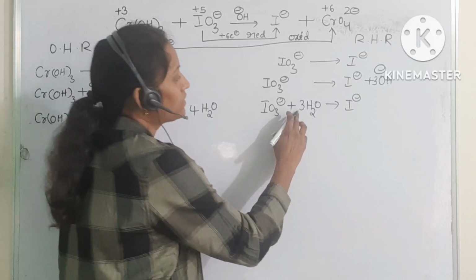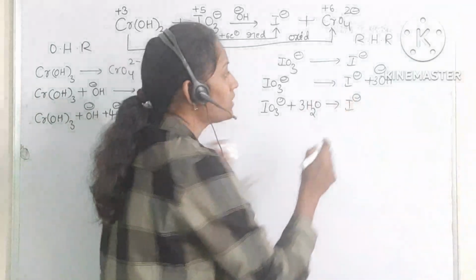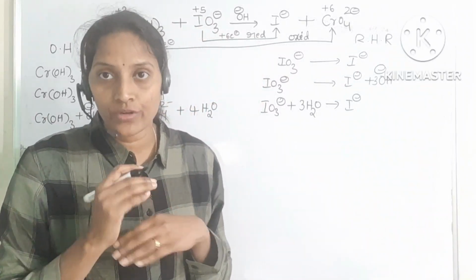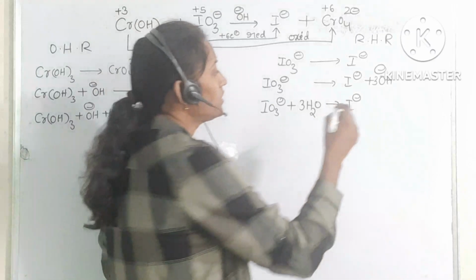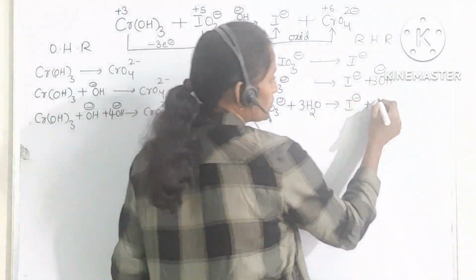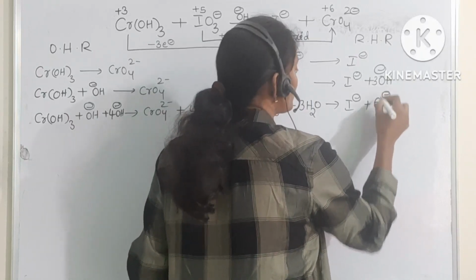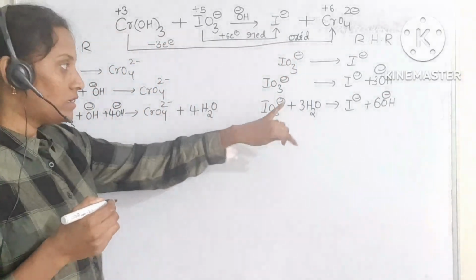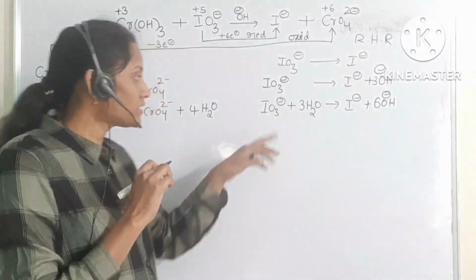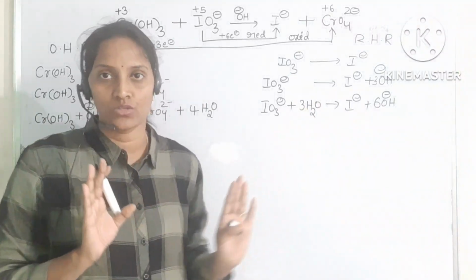Here, 3 oxygens, 3 oxygens, 6 hydrogens, so 3 more OH minus ions should be added for balancing the oxygen number. Already 3 hydroxide ions are there, so if I add 3 more, it will become 6 OH minus ions. Now it is balanced in terms of oxygen and hydrogen numbers: 6 oxygens, 6 oxygens, 6 hydrogens and 6 hydrogens.